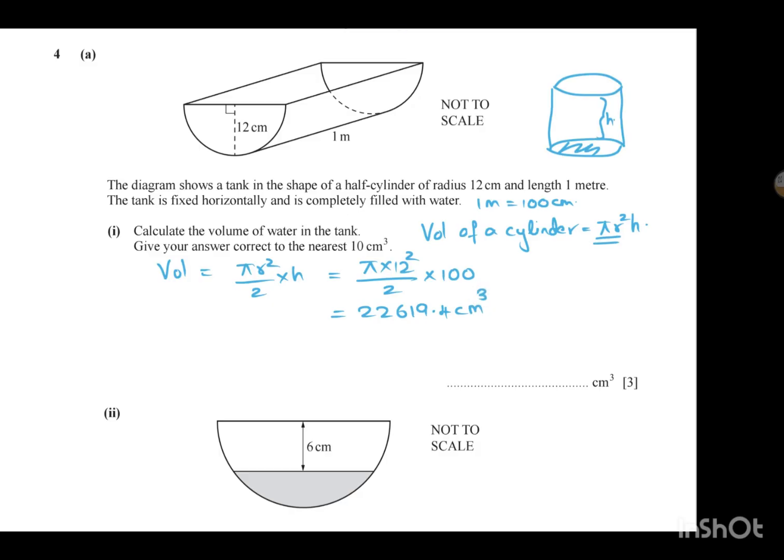Now they asked us to find the answer correct to the nearest 10 centimeters cubed. So this 19 needs to be rounded to the nearest 10 because in the tens place it is 1 and in the ones place it is 9. So 19 becomes 20. So that is equal to 22,620 centimeters cubed. Question A1 is done, A2 now.